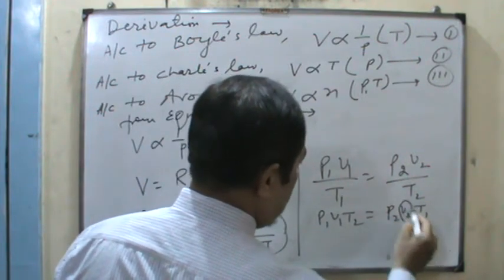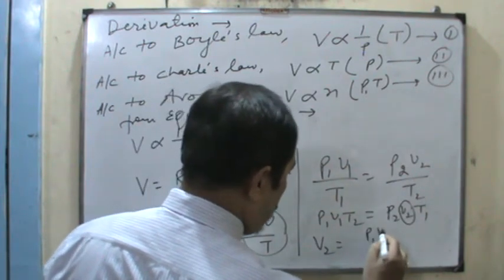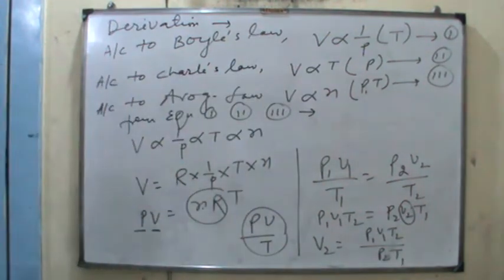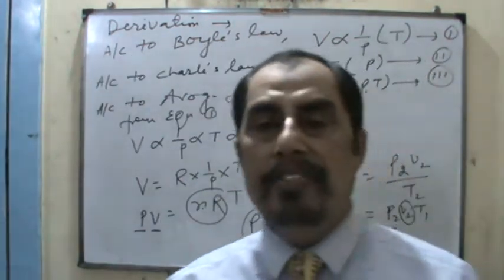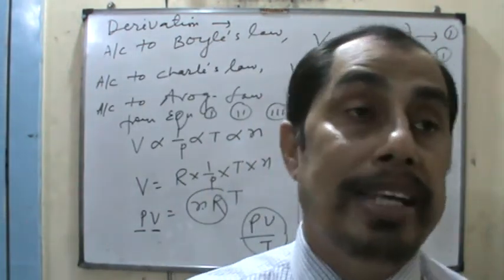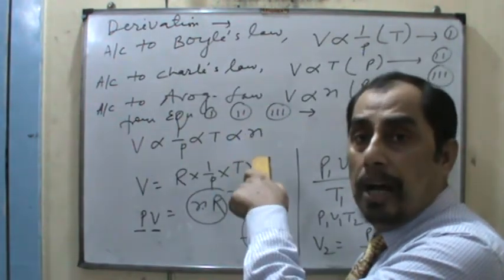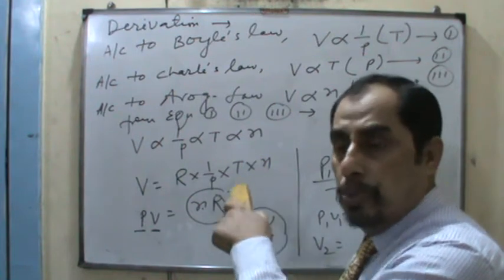If you want to calculate the final volume in a numerical, the equation will be V2 = P1V1T2/(P2T1). Is it clear to everybody? So if a question comes in the paper, derive the ideal gas equation, then you take the help of Boyle's law, Charles' law and Avogadro's law: P1V1/T1 = P2V2/T2.